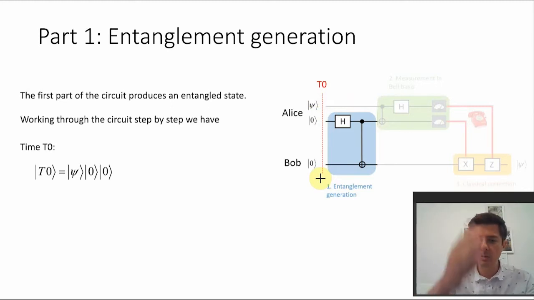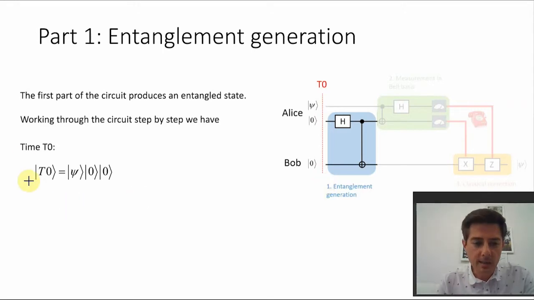This is like your YouTube video scroll bar, where you're going through in a time sequence. At each vertical line, each point in time, there is a particular quantum state, and we're going to work out what that quantum state is at each time.